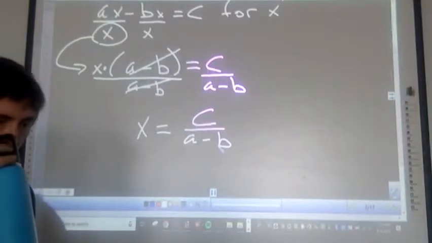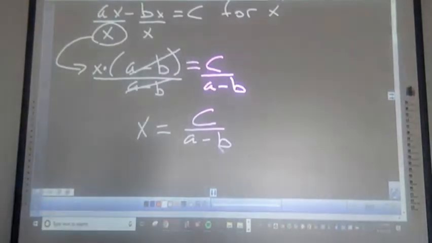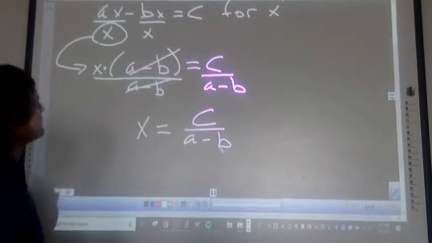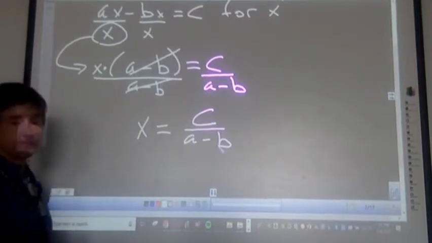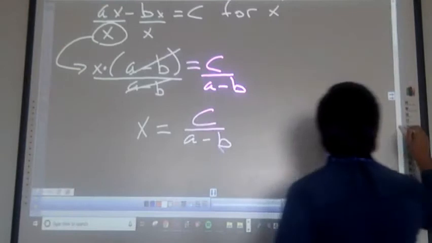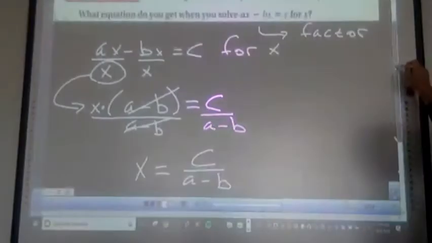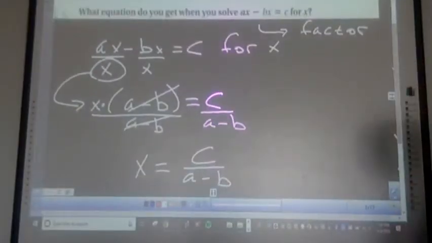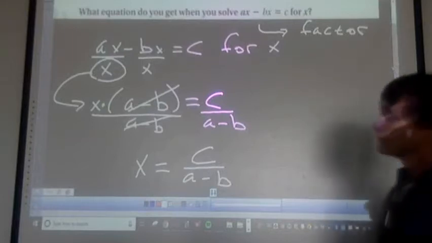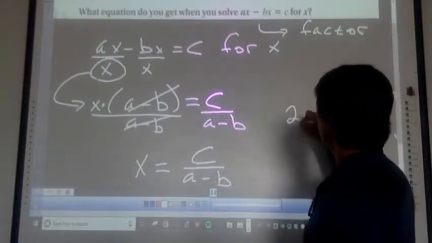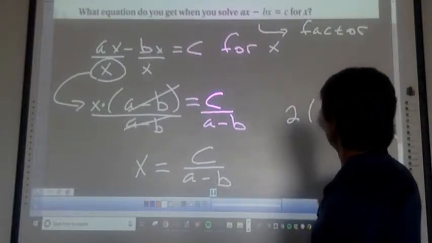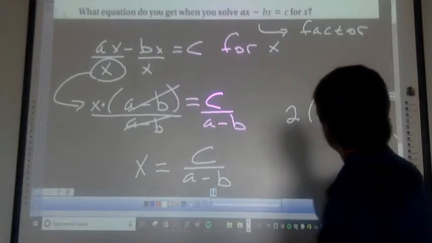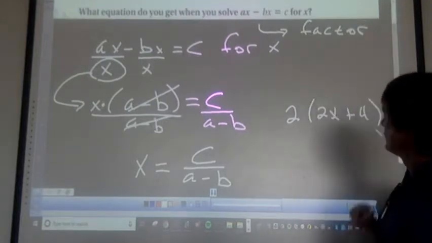Yeah, so how come, if you scroll up a little bit, where it says ax minus bx, how come if you divide 2 x's, you only end up with 1x? Just like if we have, right?